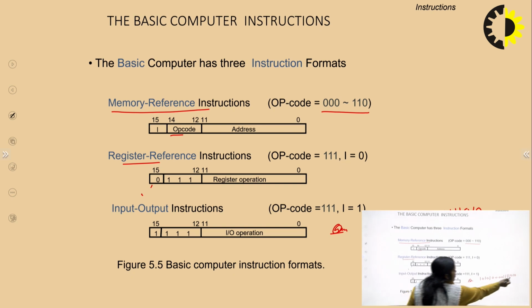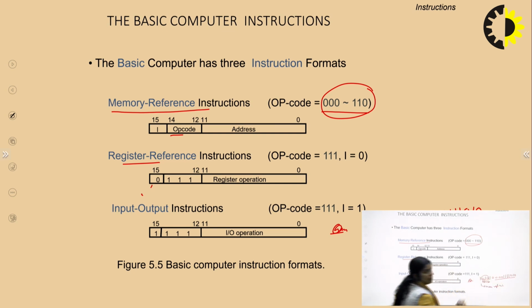Whatever the 12-bit address is doesn't matter, you have to find this 3-bit part, that is the opcode. The opcode bits are 010. It lies in the memory reference range, so definitely this instruction is a memory reference instruction.